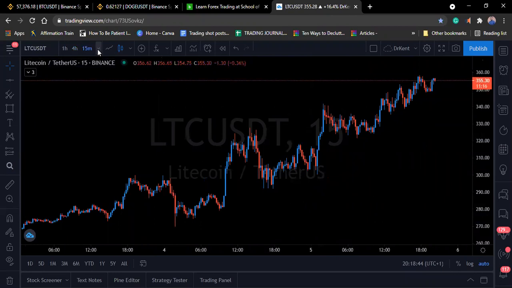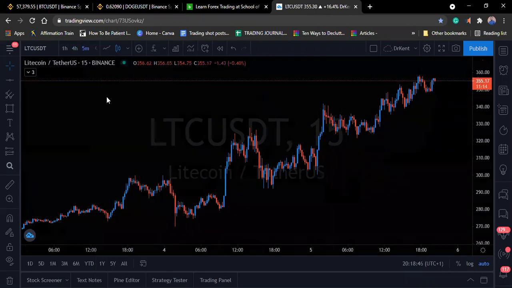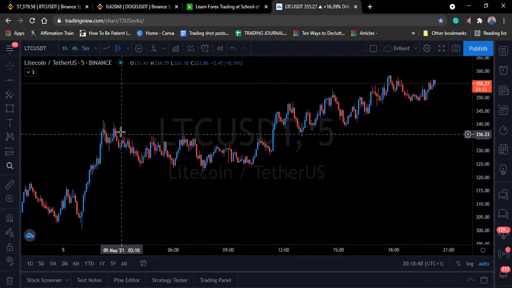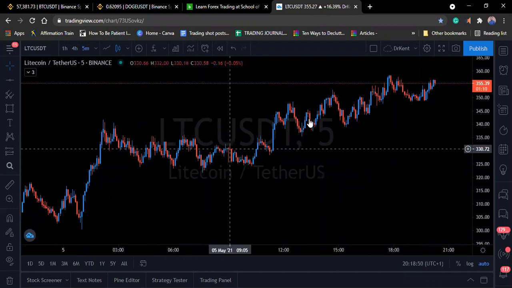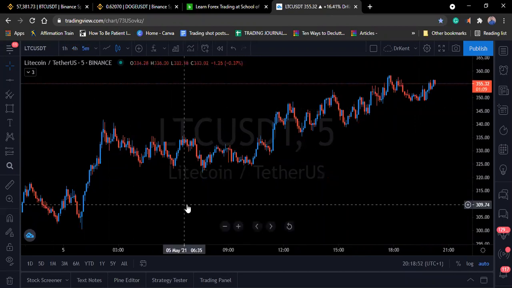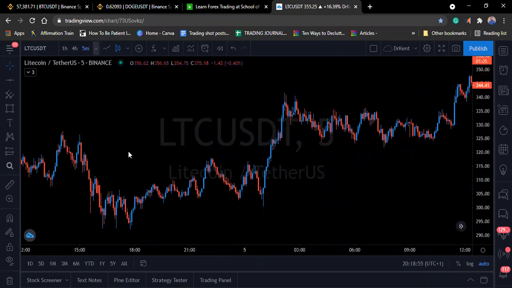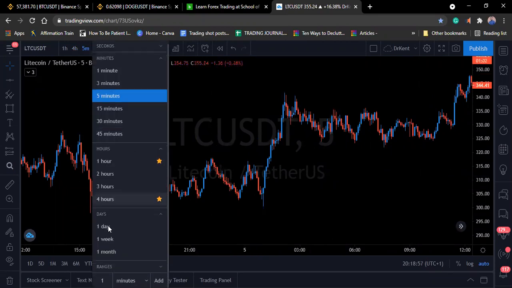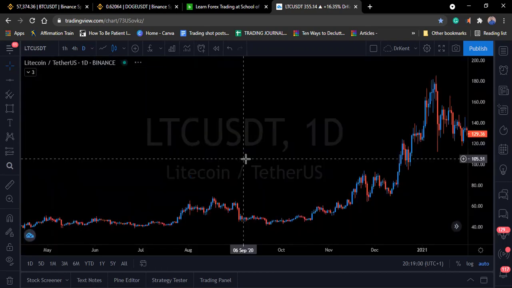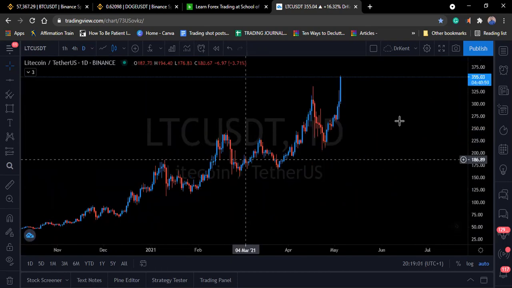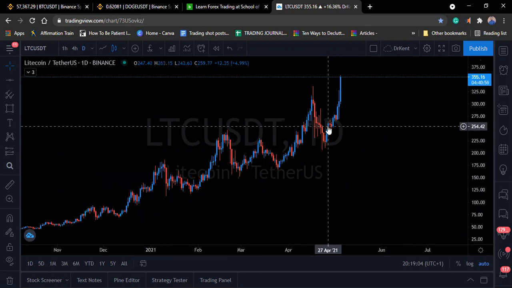Now, on the 5 minutes, if you're looking at the 5 minute chart, you might have, okay, sideways movement here, up movement here. But then to get the overall direction of that asset, you need to look at the higher time frame. That's what tells you overall, this is where this market is headed.